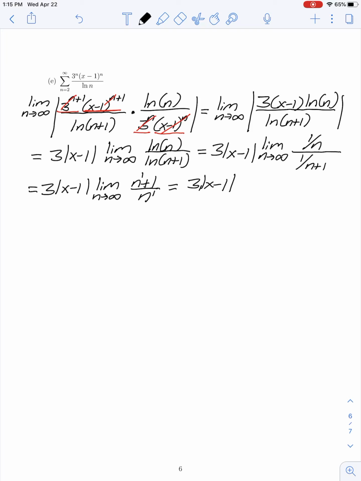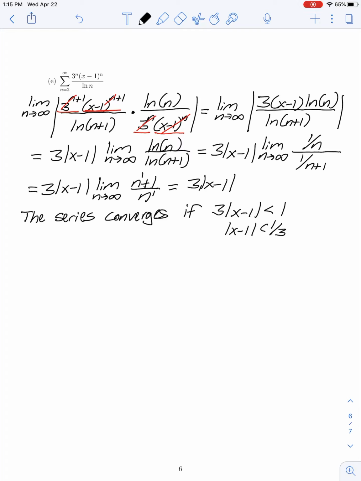Now, we know that by the ratio test, the series will converge if this limiting value, 3 times the absolute value of x minus 1, is less than 1, or equivalently, if the absolute value of x minus 1 is less than 1/3.